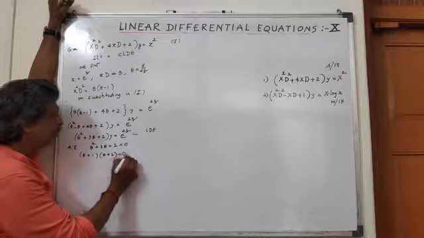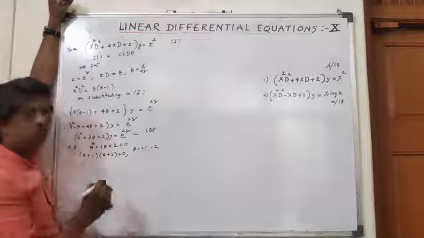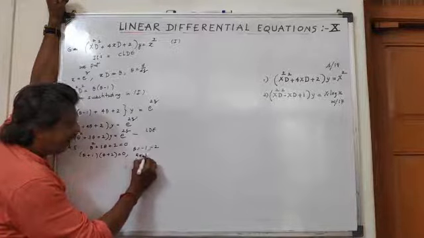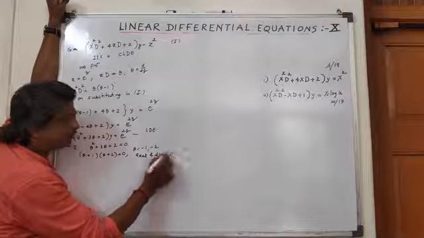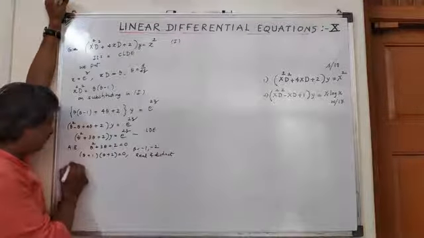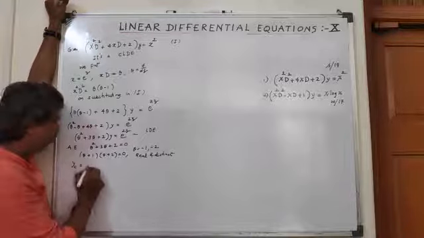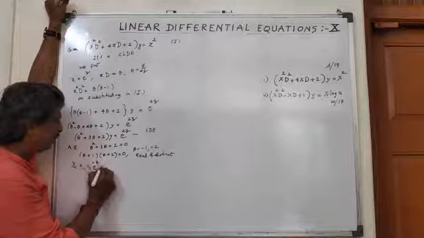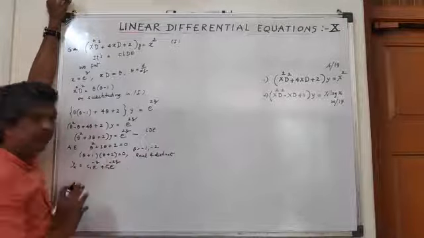It gives theta equal to minus 1 and minus 2, two real and distinct roots. The real distinct roots give yc equal to c1 e raised to power minus z plus c2 e raised to power minus 2z.